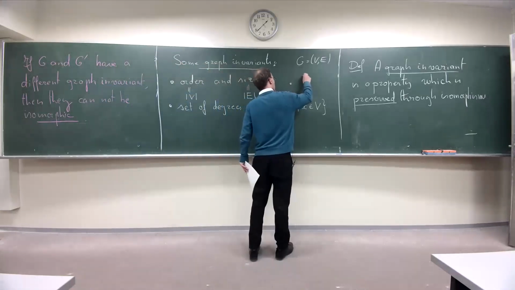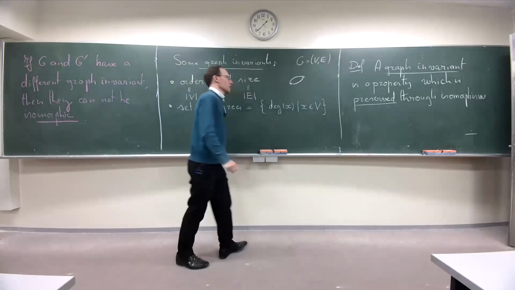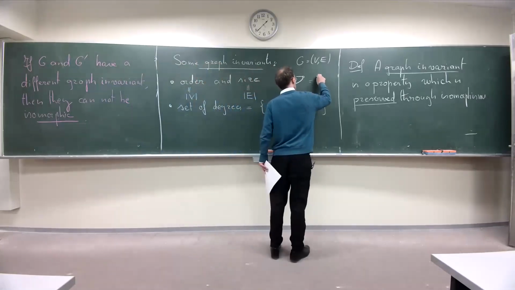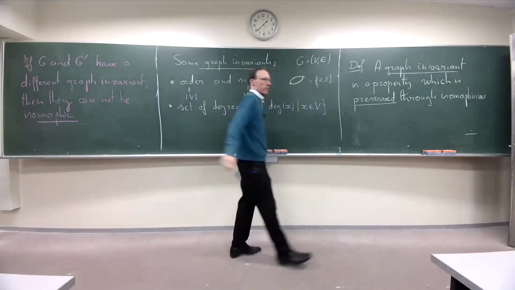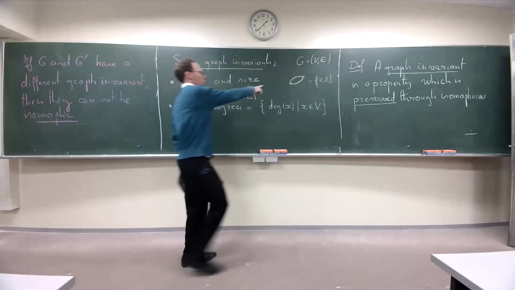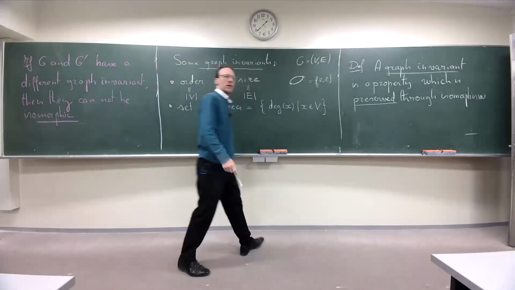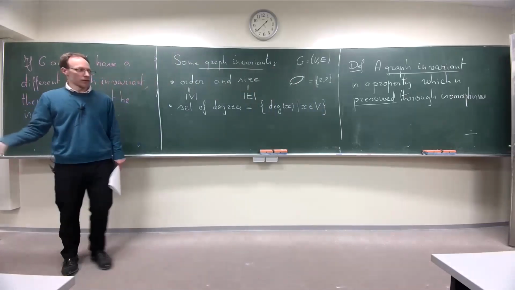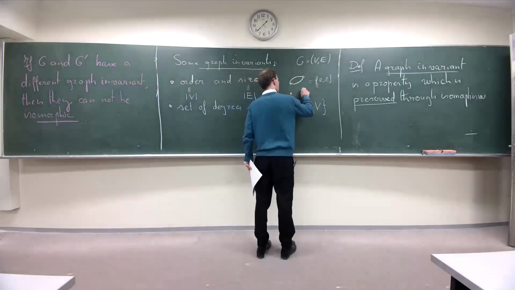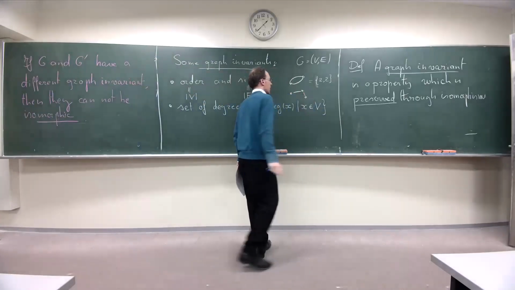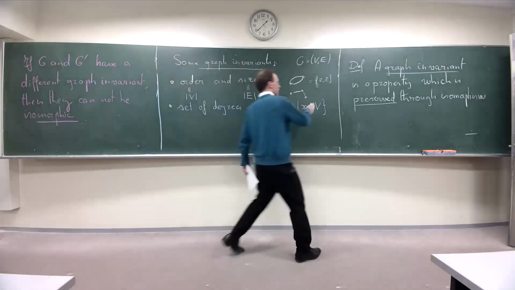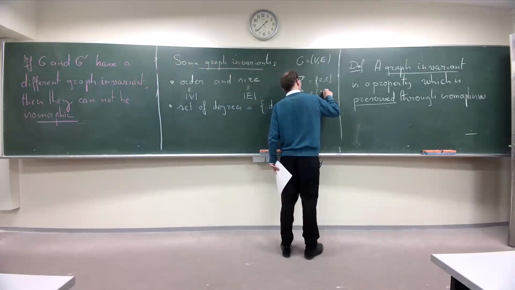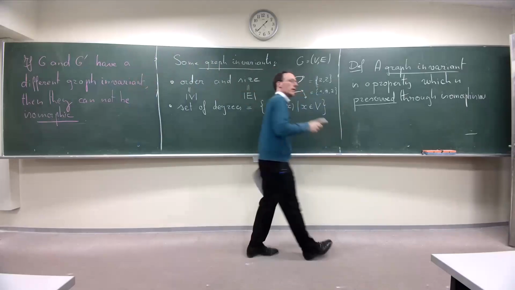So for a graph like this, what you are going to get is the set 2, 2. The first point has degree 2, the second point has again degree 2. You list this, and of course, if I do this one, they cannot be isomorphic because for this one it would be 1, 1.